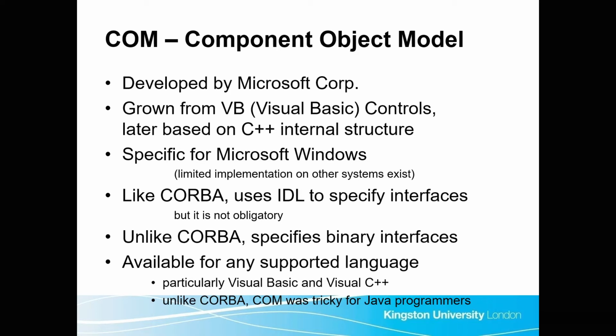This made the platform available for any supported language, particularly Visual Basic, which is not very popular anymore, and Visual C++. But unlike CORBA, COM was rather tricky for Java programmers, and I should say also Python programmers.